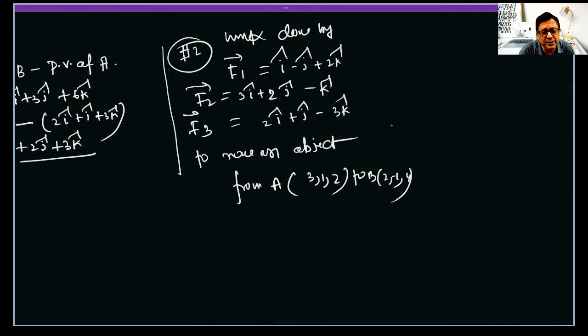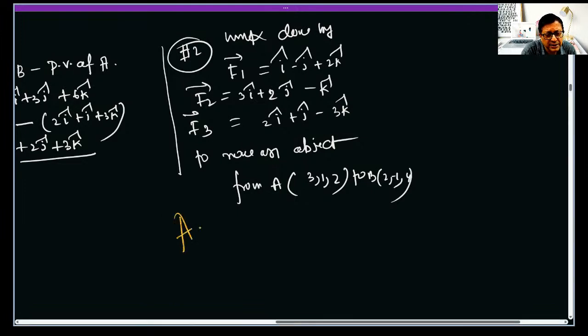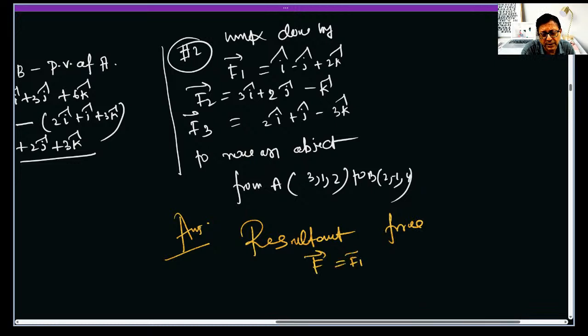So you need to find the resultant force and then use dot product. The resultant force F is F1 plus F2 plus F3. Isn't it? You find the resultant force, then use the previous formula.